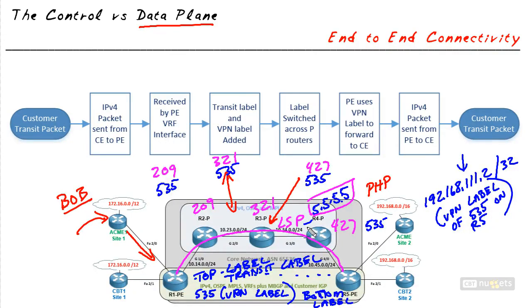So for example, if this customer over here wanted to run IP version 6 and they wanted IPv6 connectivity from site to site, we could actually pull that off by effectively hiding the IPv6 traffic as it's tunneled over the label switch path across the core network. Now our edge routers for sure are going to have to be speaking IPv6, but the actual core of our network doesn't have to know anything about IPv6 because all they care about is label switching between two IP addresses that they see as reachable.